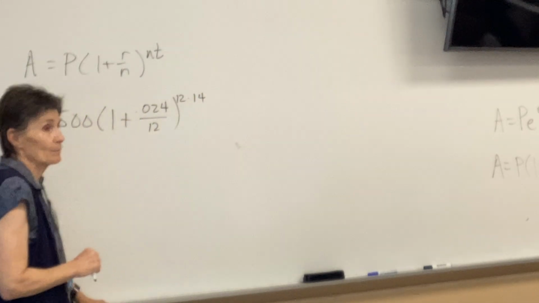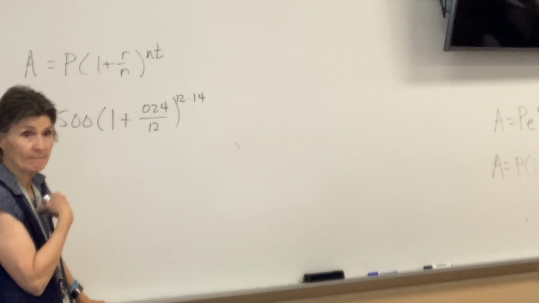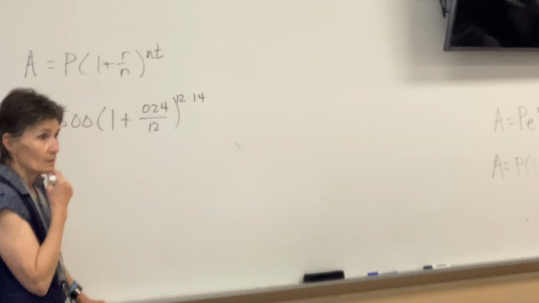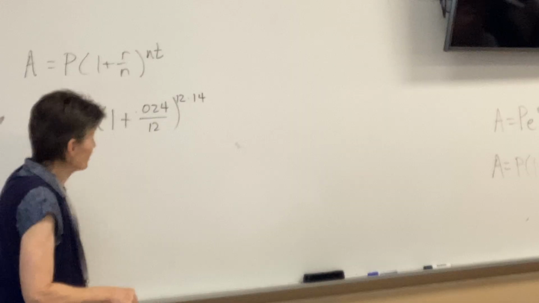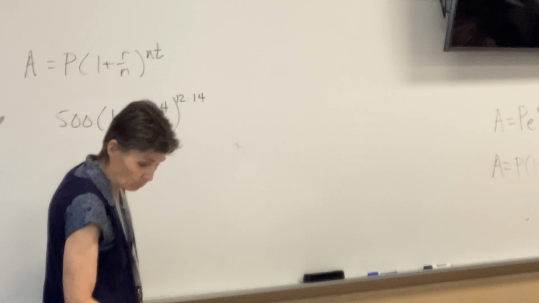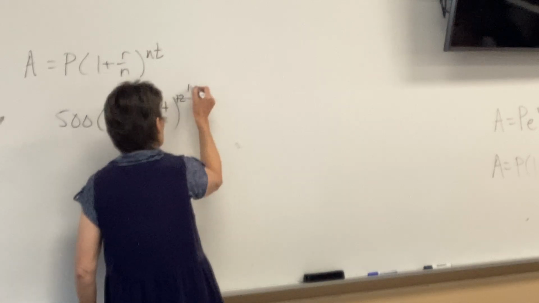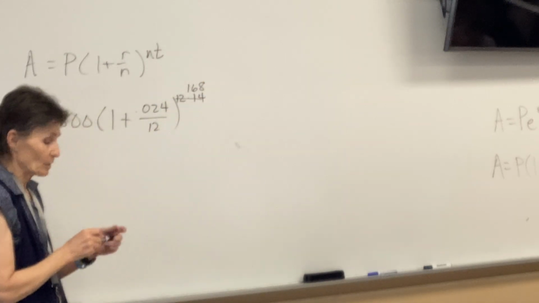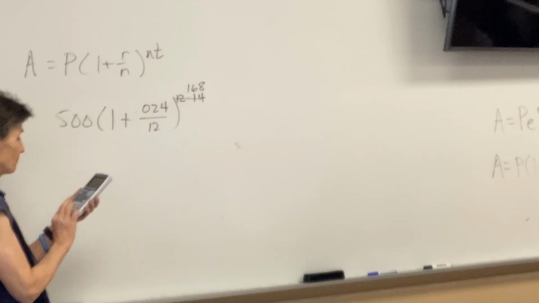She's making the deposit when she's 18, and we want to know how much she has when she's 32. That's 14 years, right? So I'm going to multiply 12 and 14: 168. Do I need logarithms? No. I'm going to straight type this in.